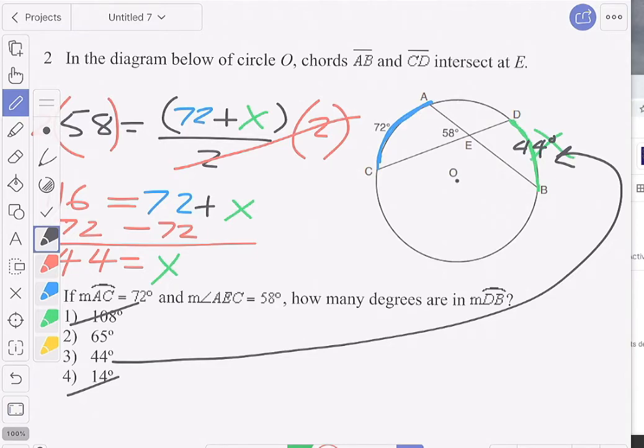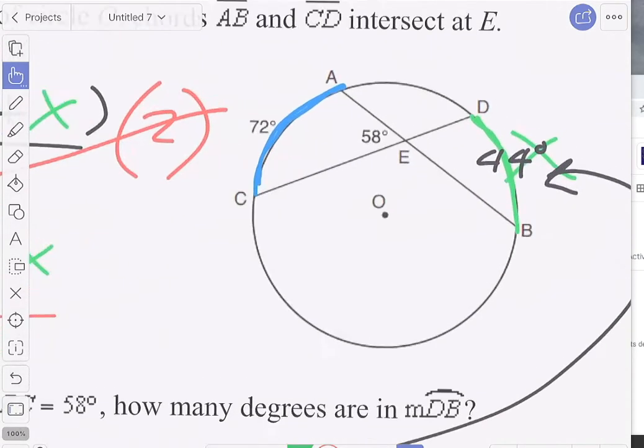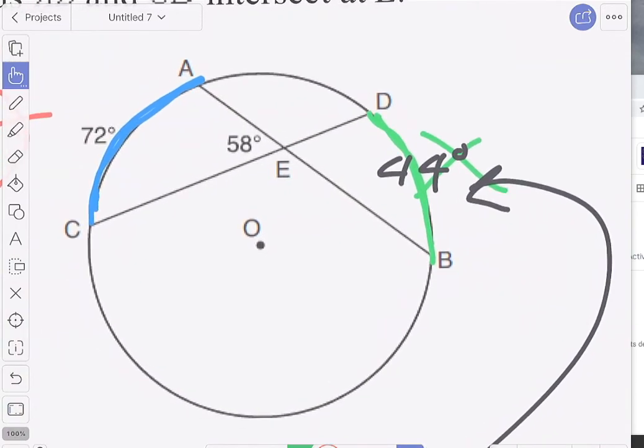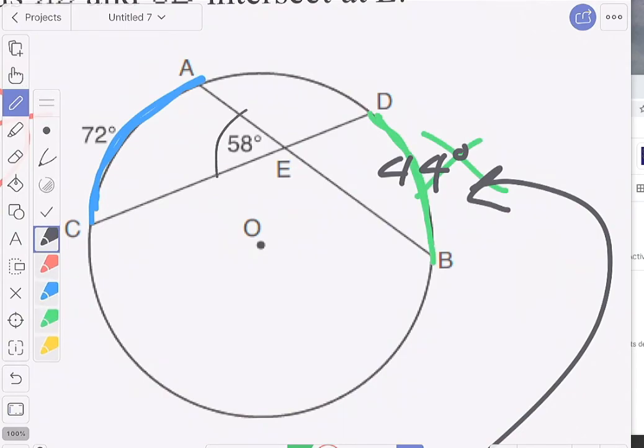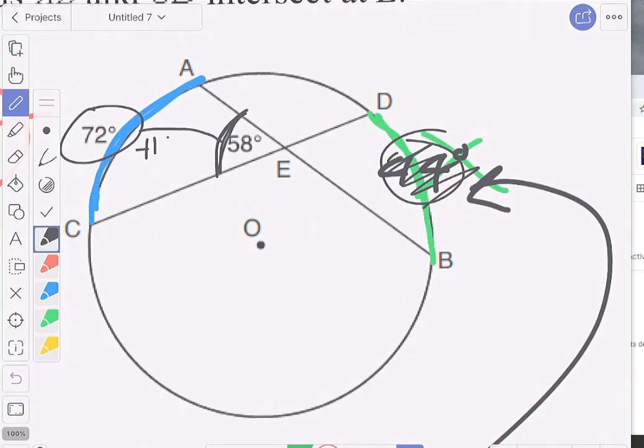Now another way to solve the same question, which is maybe the easier way to do it, is just to think of that interior angle as being exactly halfway in between the blue and the green arc. So if I didn't know the green was 44 yet, and I know that that blue arc is 72, the 72 is actually 14 degrees more than the interior angle.